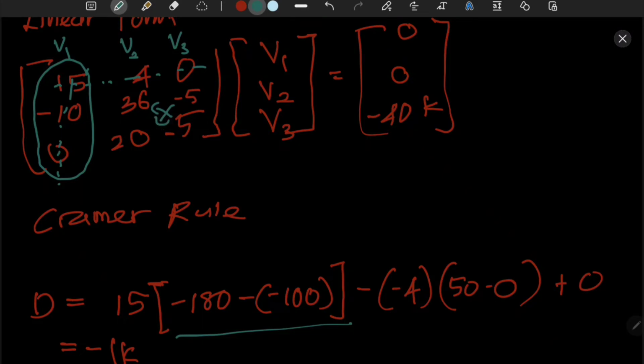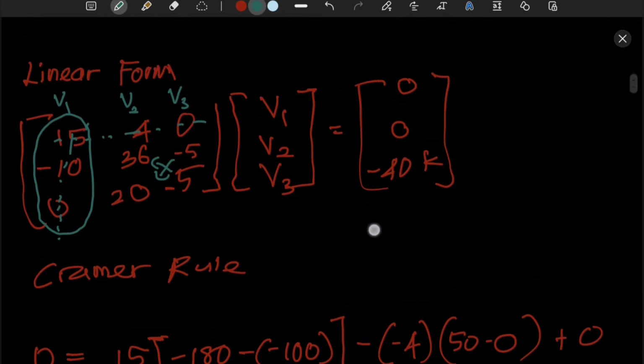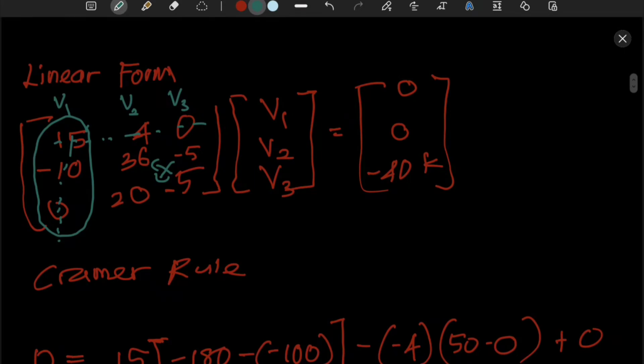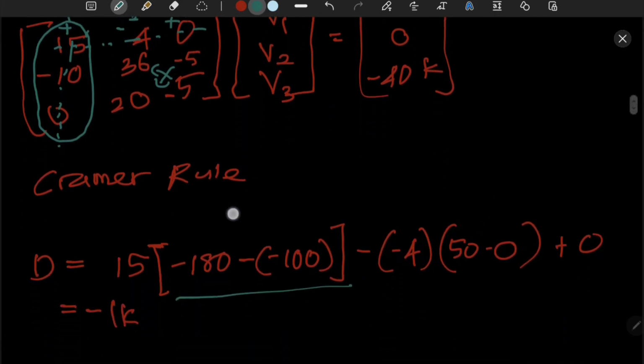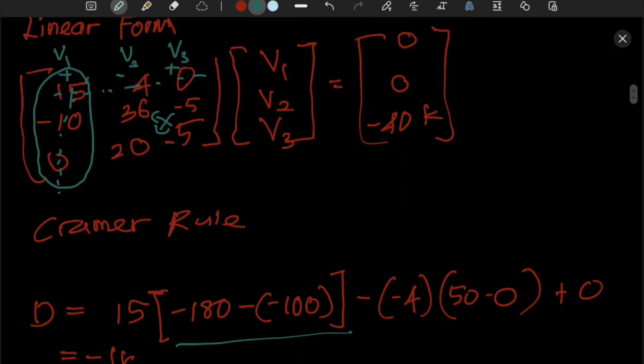Same also with the negative 4. The thing we need to note is the signs: this is a plus sign, this is a negative sign, this is a plus sign. So here is a positive 15 actually, and this is negative 4.